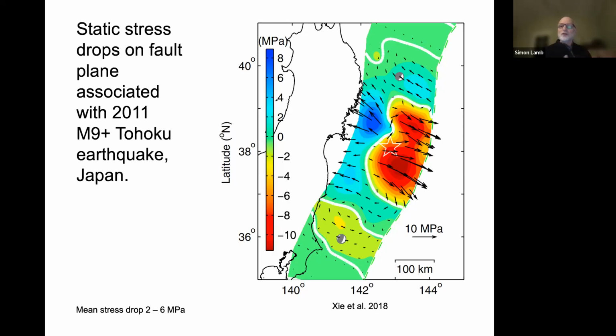So there isn't a relationship between magnitude and stress drop. All magnitude is really telling you is the size of the fault plane that's ruptured, whereas the stress drop is really a ratio of slip to dimension. So the very high magnitude earthquakes will have the same stress drop as the tiniest earthquake that you can think of.